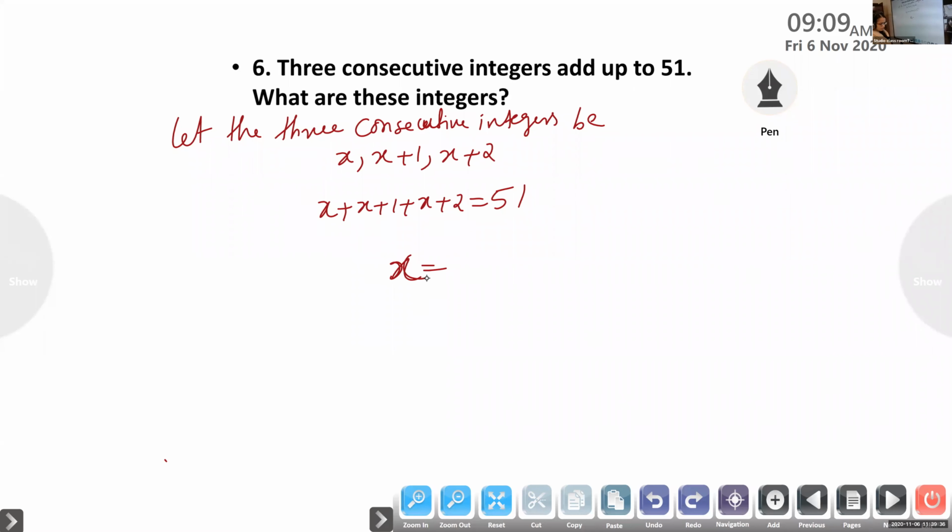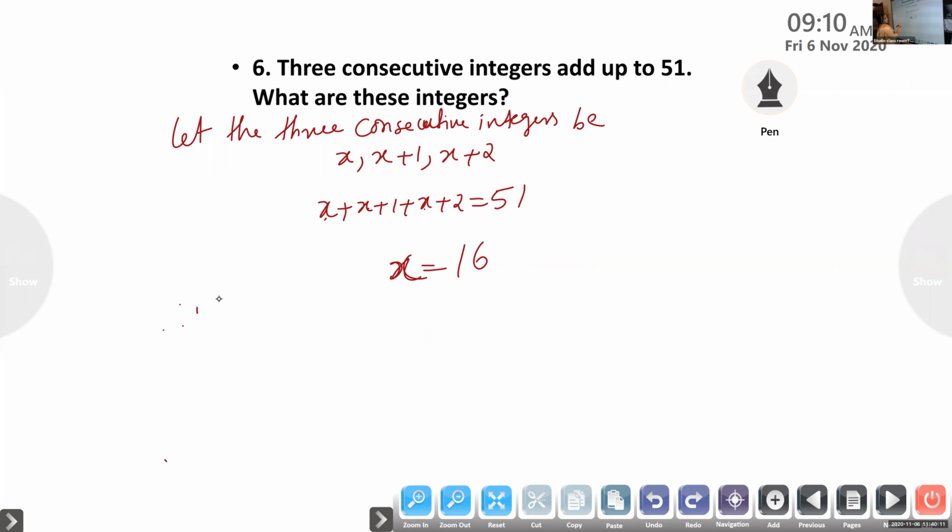Vaishnavi, x equal to? x equal to 16. Because x plus x plus x is 3x. 3x plus 3 equal to 51. 3x equal to 51 minus 3, 48. x equal to 16.